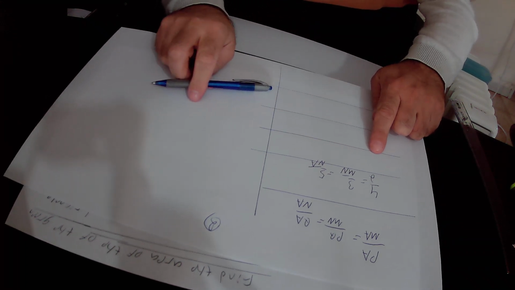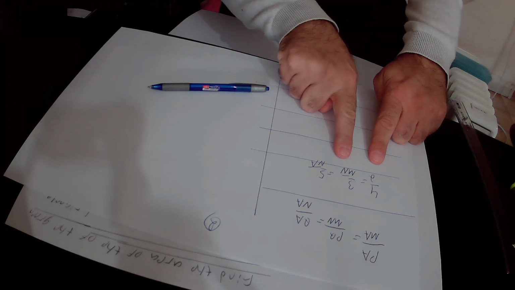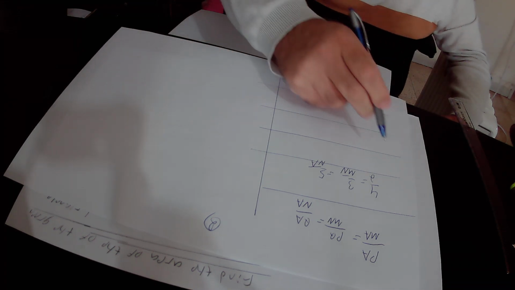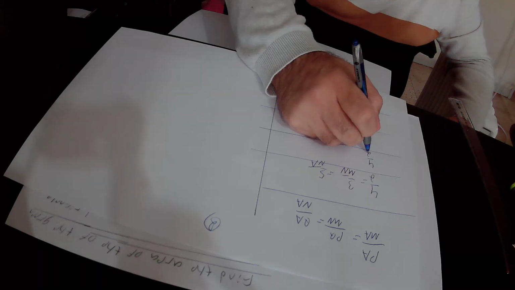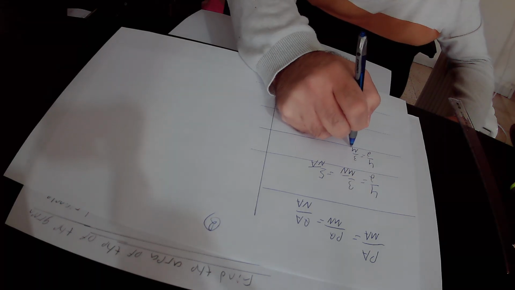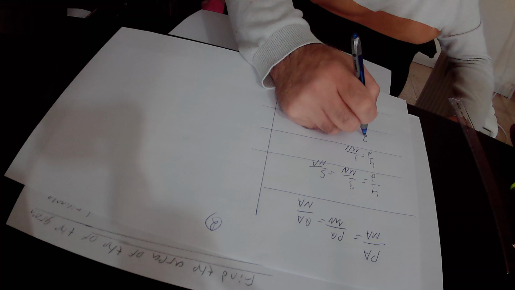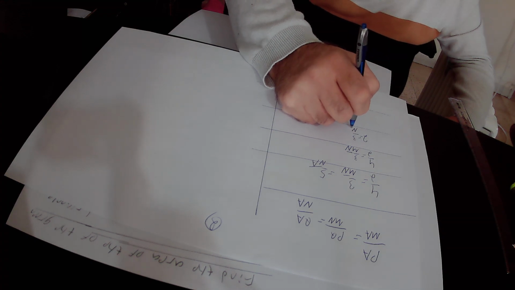From this equation, we will derive that 4 over 2 equals 3 over MN. 4 over 2 is 2, so 2 equals 3 over MN.